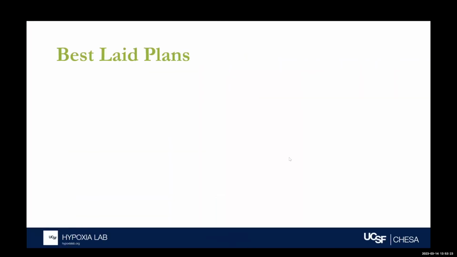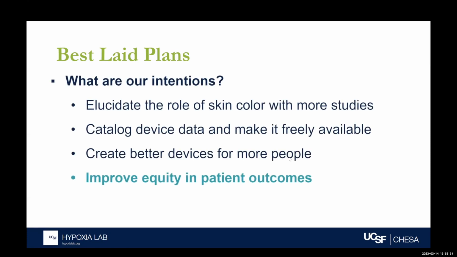All right, so let's talk about our best laid plans. For any endeavor, we need to be clear about what our goals are in order to reach them. So what are we doing here as a consortium? As I mentioned, we're here to answer the question, what does health equity in pulse oximetry look like, and why is diversity important? Specifically, we wish to elucidate the role of skin color in pulse oximeter function with more studies.